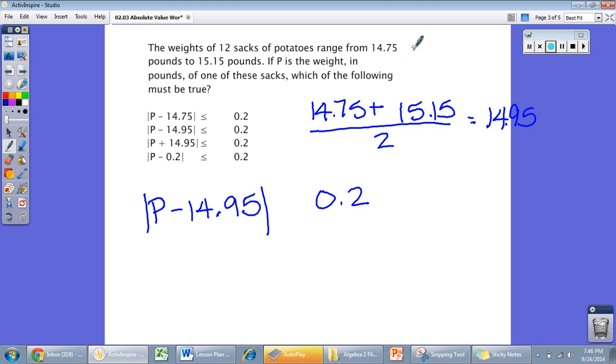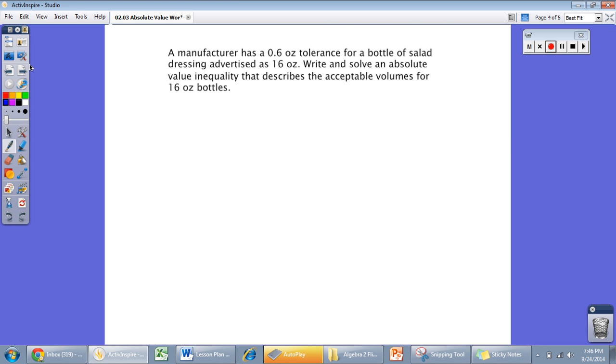Again, we're looking at they're in the acceptable range, so this inequality would also be a less than or equal to. And this would be our answer choice right here. Make sure you pay attention to the signs involved as well as what they're using for the average and what they use for the tolerance.